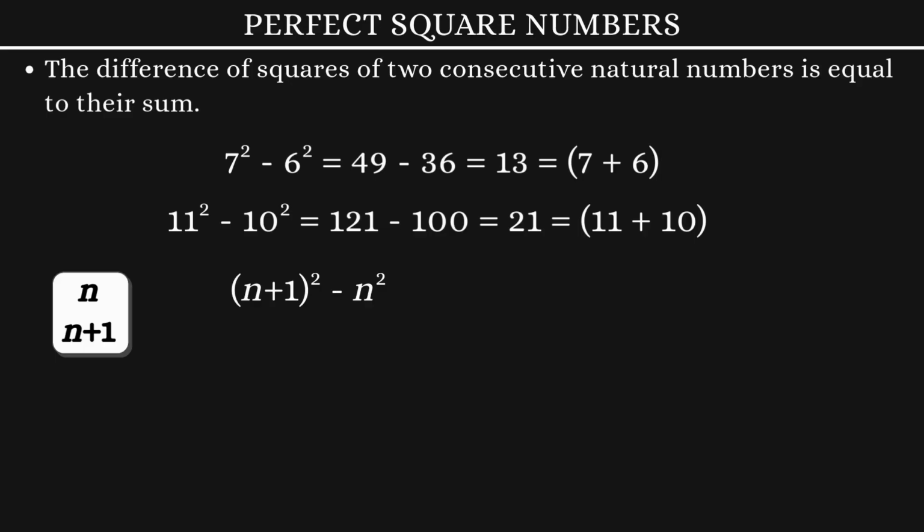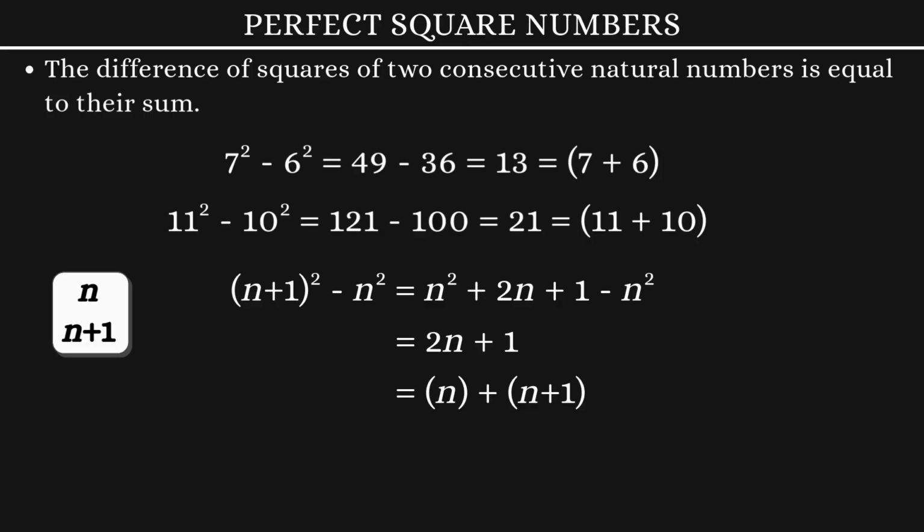Now finding the difference, n plus 1 the whole squared can be expanded as n squared plus 2n plus 1, and we'll subtract n squared from this. What results is 2n plus 1. This can be written as n plus n plus 1. These two are our original consecutive numbers.